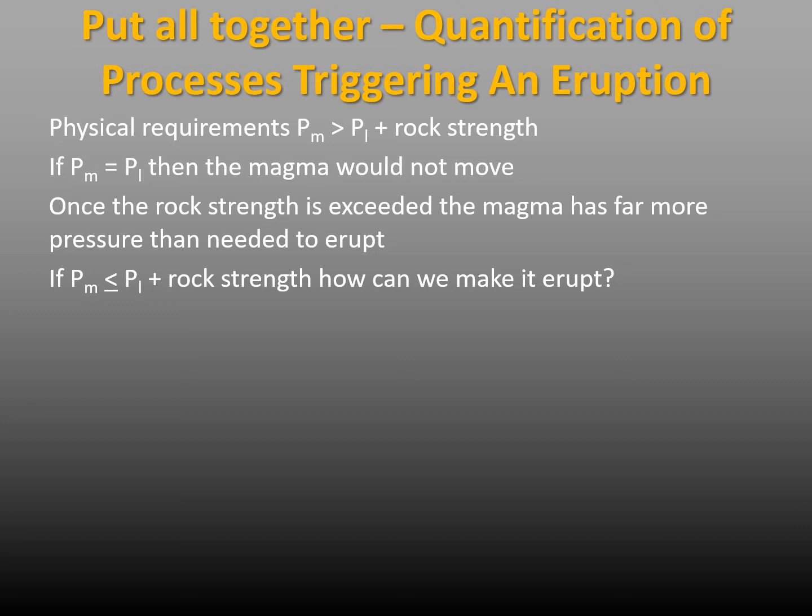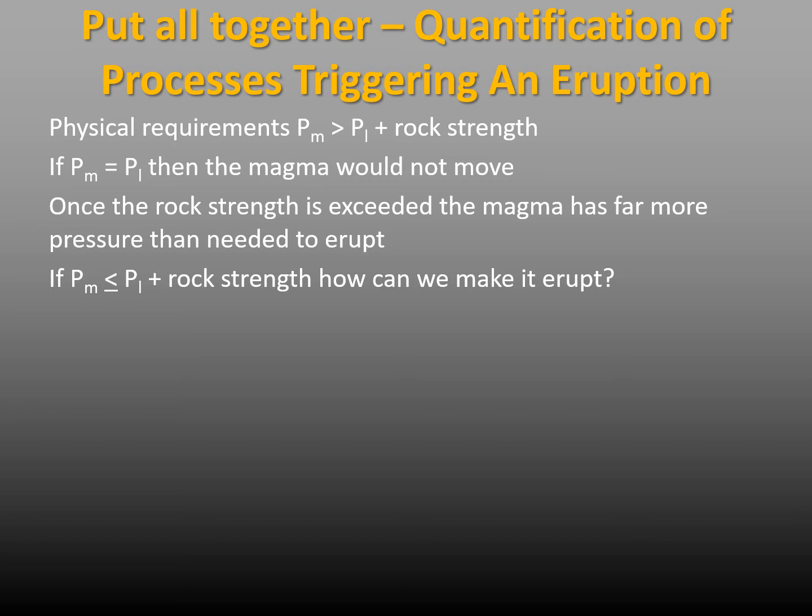The right side of the equation. Okay, we could do what to the right side of the equation? We could lower the rock strength, right? We could lower the lithostatic, or we could increase the magmastatic pressure, right? So 3 things we can change.